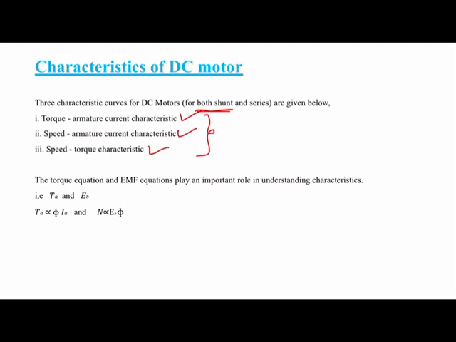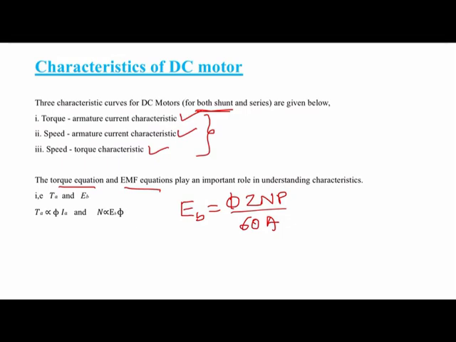To discuss the characteristics, the basic things we need to know are the torque equation and the EMF equation. We already know the EMF equation in the DC motor: back EMF is equal to phi ZNP by 60A, where phi is the flux per pole, Z is the number of conductors, N is the speed of the motor, P is the number of poles, and A is the number of parallel paths.